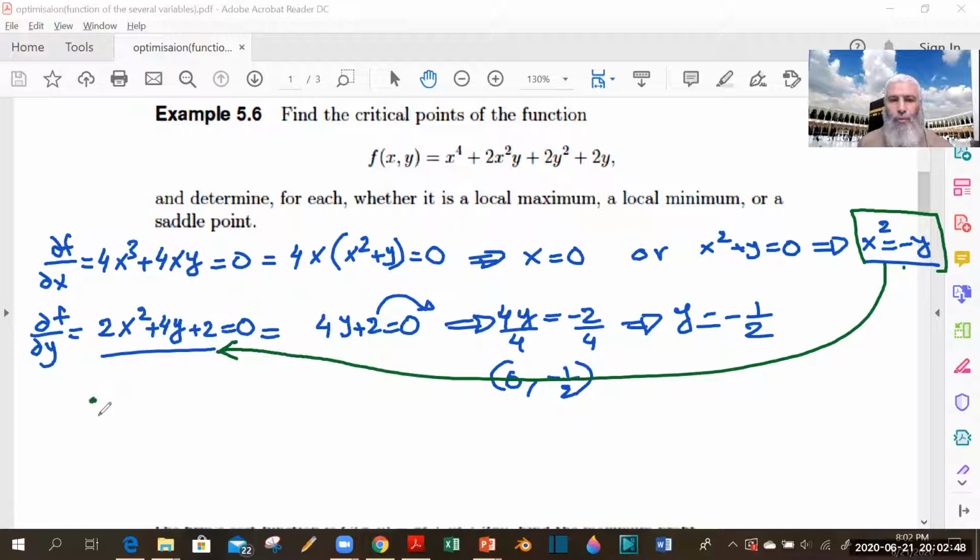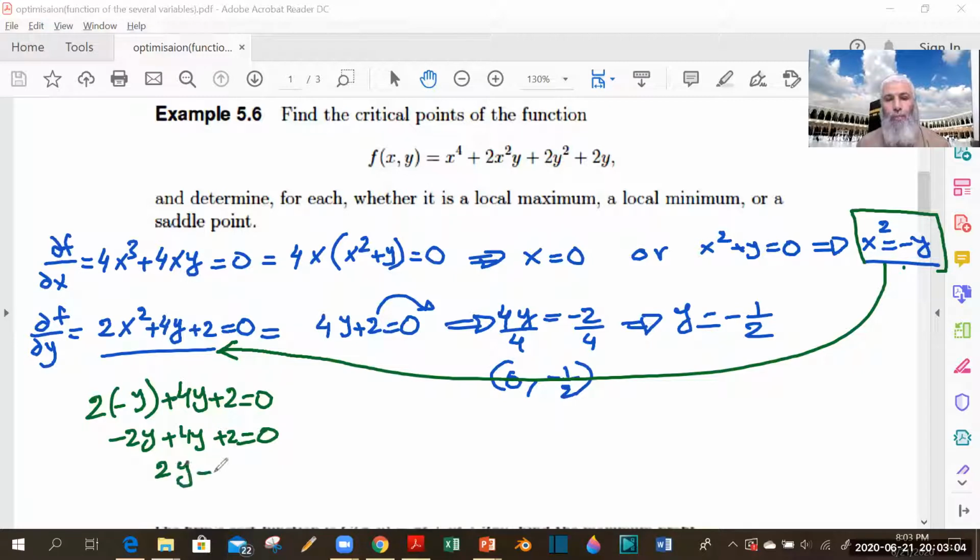So 2x squared equals negative y, plus 4y plus 2 equal to 0. So this is negative 2y plus 4y plus 2 equal to 0, right? So this is 2y plus 2 equal to 0. This 2 can come here. 2y equals negative 2, divided by 2. y equals negative 1, right?